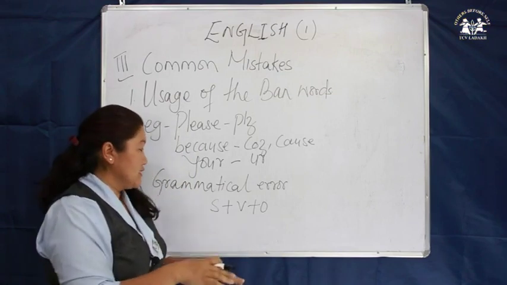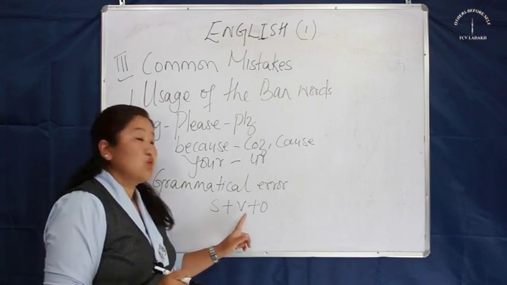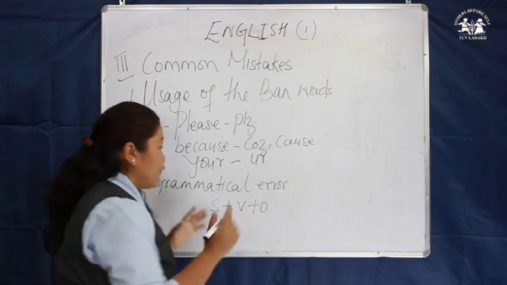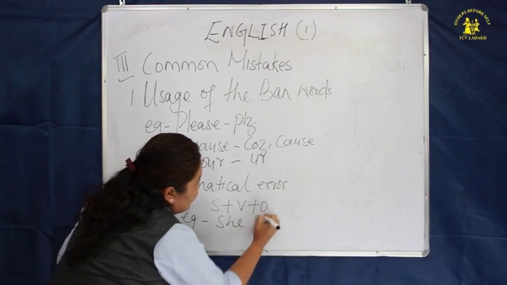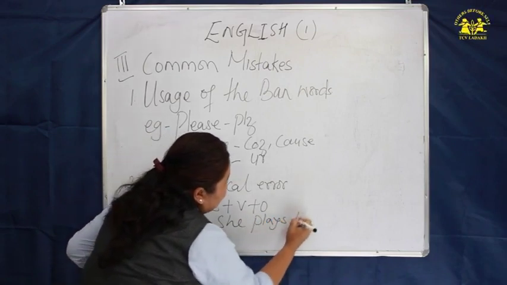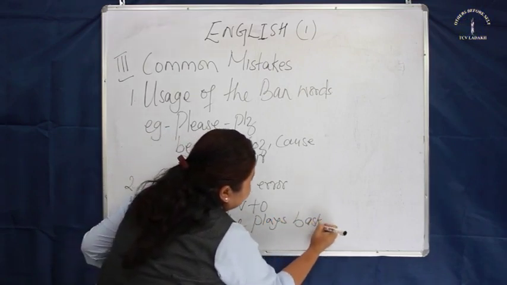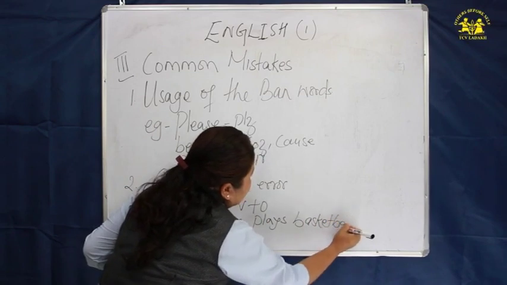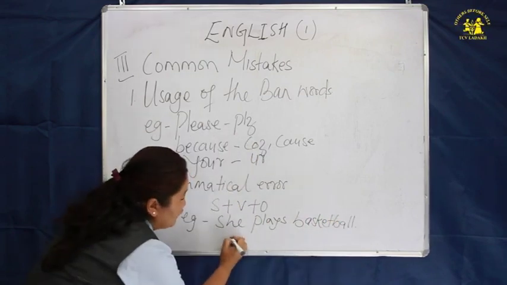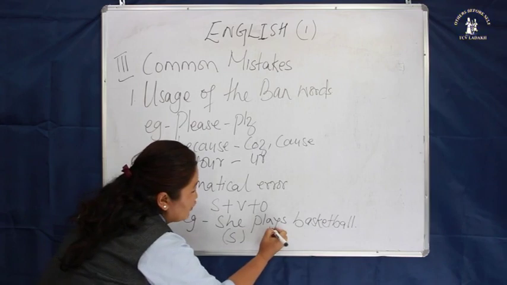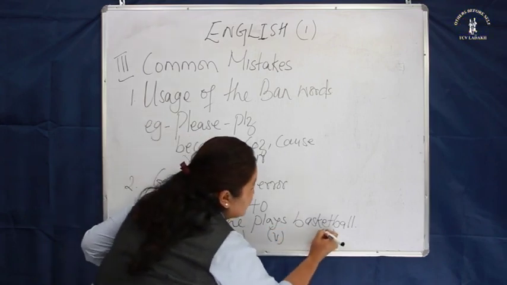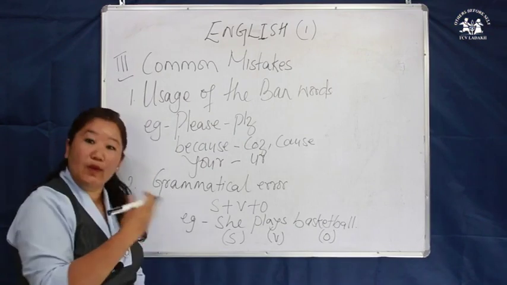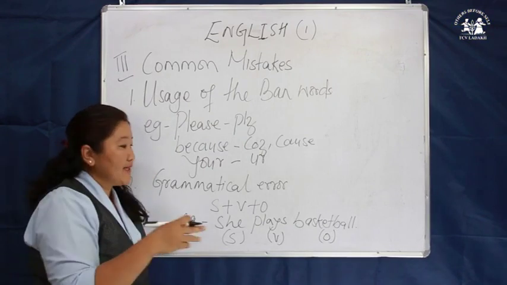When you write a sentence, you have to follow subject plus verb plus object, all right? For example, I'll give you an example: she plays basketball. All right, she over here is the subject, plays over here is a verb, and then basketball over here is the object. This is how we write a sentence.